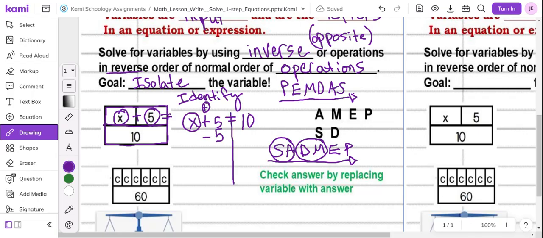So if we subtract 5 on the side with a variable, draw a line down through the equal sign, and whatever we do to one side, we are going to do to the other side of this comparison or equation. Now bring the variable term down to the next step, and then we do what it says, which is 10 minus 5.